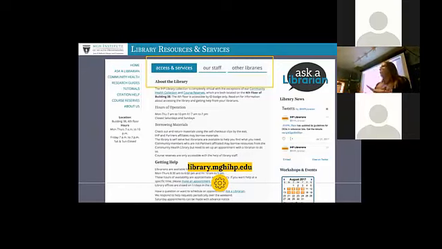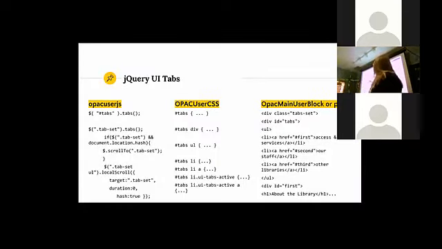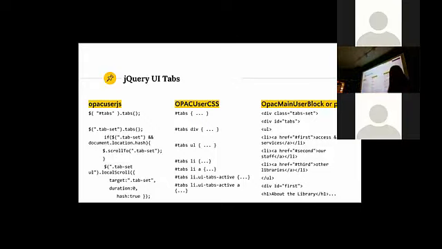I believe jQuery is also built into Koha, so all you have to do is put a little bit of JavaScript into the page. I can share that whole code if you want to see what it looks like.